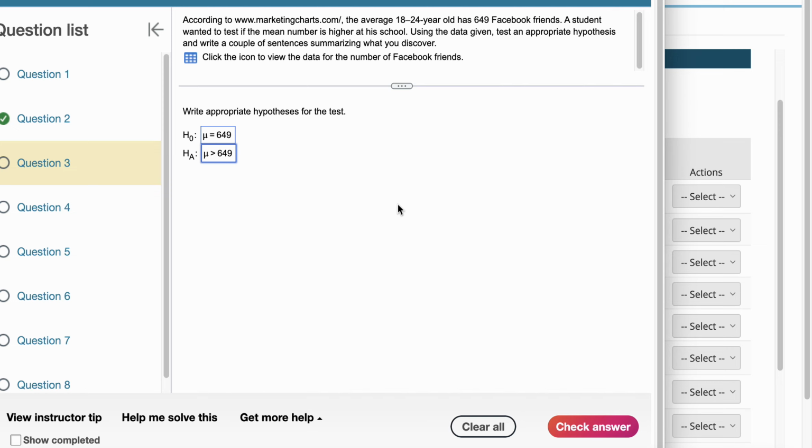I think the mean is greater than 649. So the alternative can have a greater than, depending upon how the question is phrased. It can have a less than, or it can even have a not equal to. It has 3 options for the alternative, but there's no options for the null hypothesis.